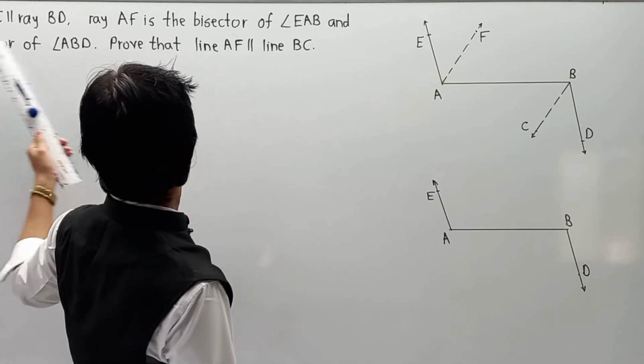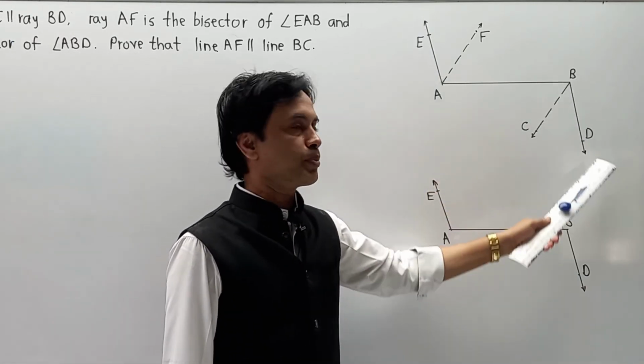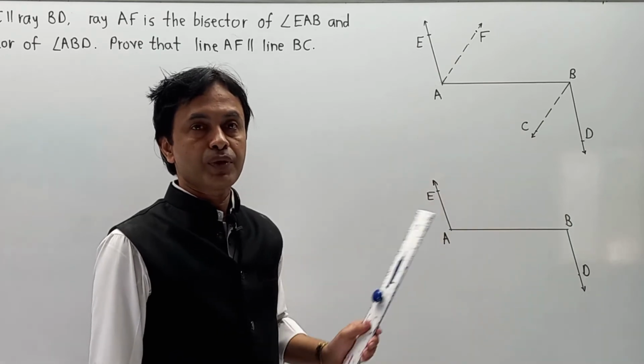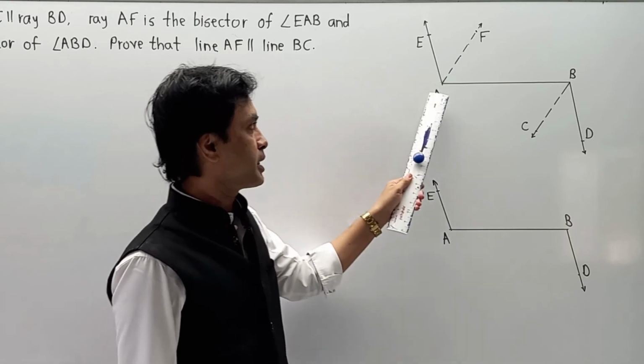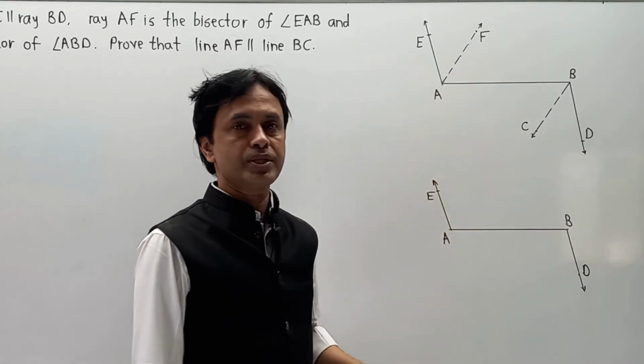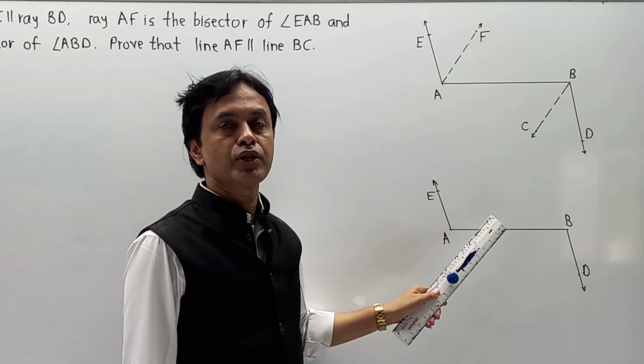Along with that, they have given ray AE parallel to BD. Now we have to prove that line AF is parallel to BC. For clarity, I am going to clear some points from here.